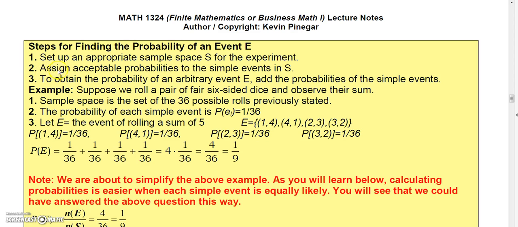And then number two, assign acceptable probabilities to those simple events in S. Now, when you assign those probabilities, you can use theoretical probabilities or empirical probabilities depending on the experiment, and I'll show you that in a moment. The other thing is, to obtain the probability of some arbitrary event E, you simply add the probabilities of the simple events.